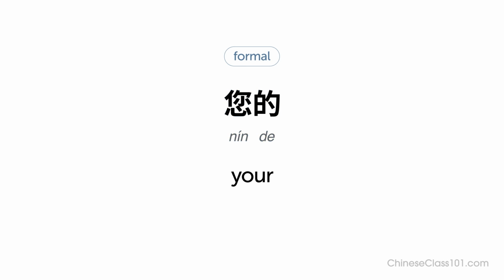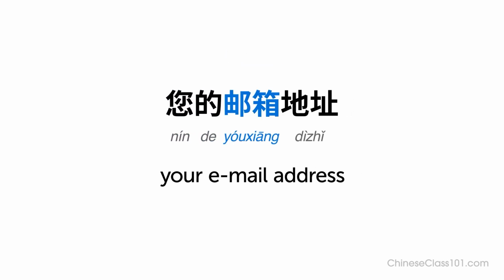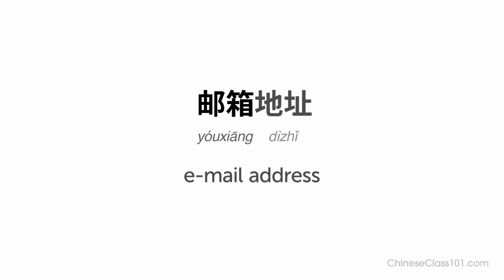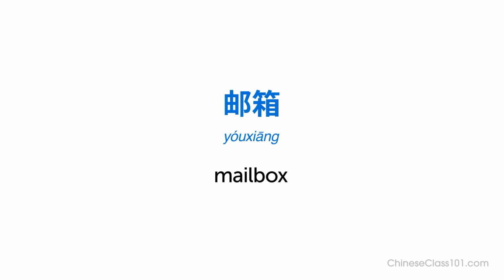Next is 邮箱地址, email address. There are two parts to this. First is 邮箱, literally mailbox, but it refers to the electronic mailbox in this context.